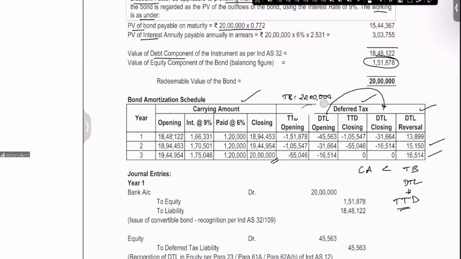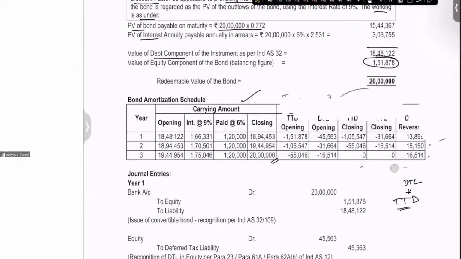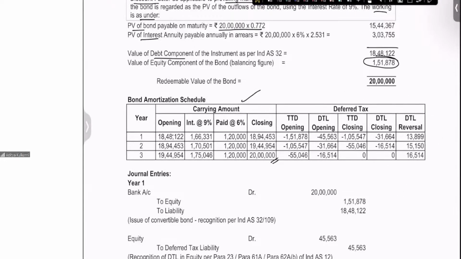Okay, please explain again. All right. See, look at this figure. 18,48,000.